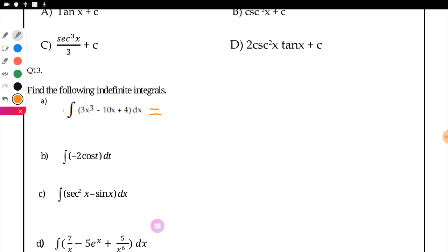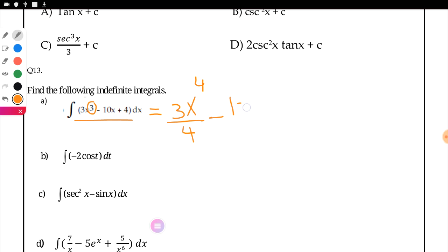Here, the integration of a polynomial, each term, I will apply the power rule. It will be 3x, add the exponent 1, it will be 4 over 4.